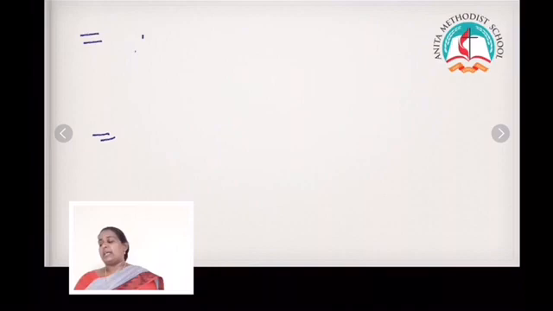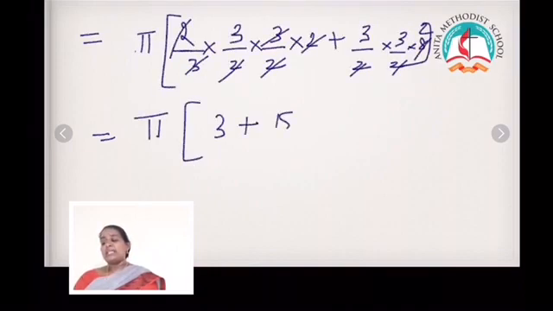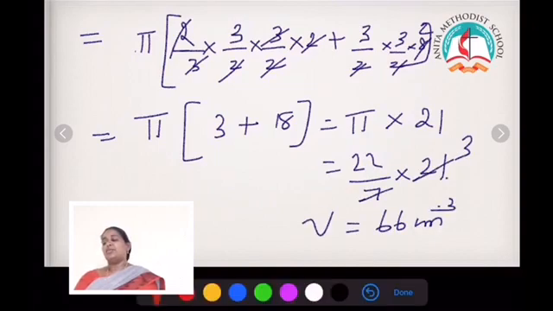Pi we have taken commonly outside. So we get pi outside and 2 by 3 into 3 by 2, because the radius is 3 by 2, 3 by 2 squared. So 3 by 2 into 3 by 2. The height of the cone is 2 centimeter. The cylinder is pi r square h.